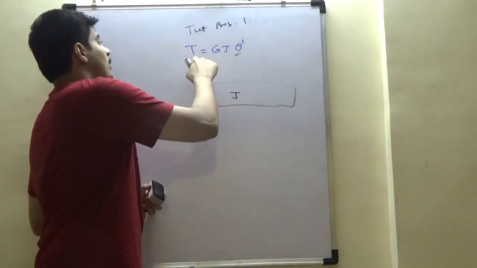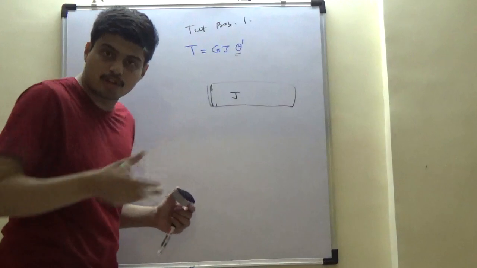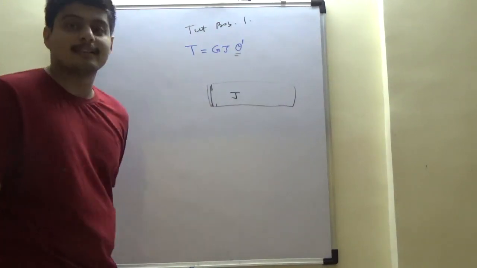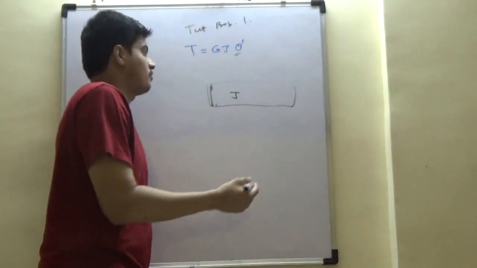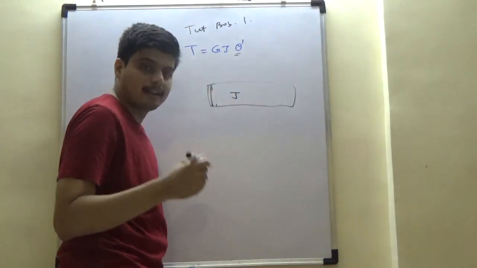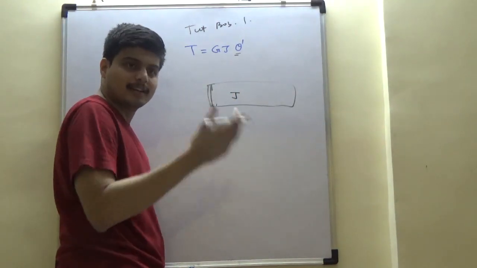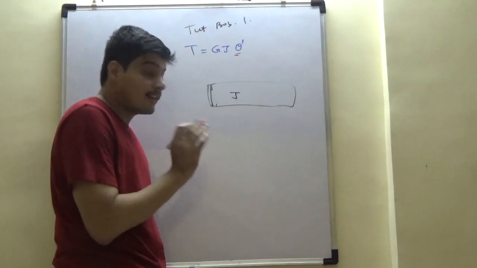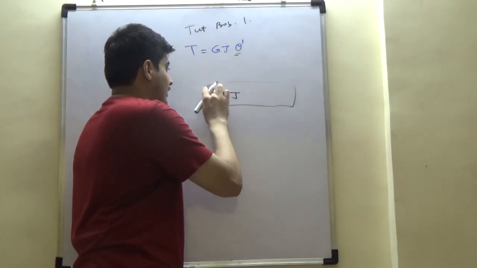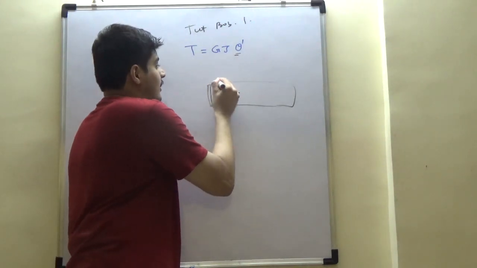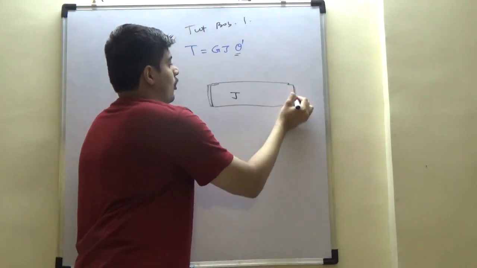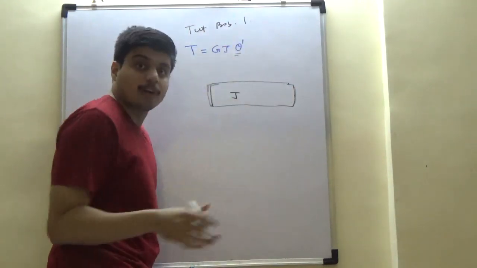What is the role of structural torsion in the aerodynamic analysis? I could make it an objective question, saying option A, it increases lift, B decreases lift, or something. But let's understand this phenomenon very, very clearly. Then in your lifetime you will never forget the importance of all these 3 parameters and the theoretical framework that we looked at.